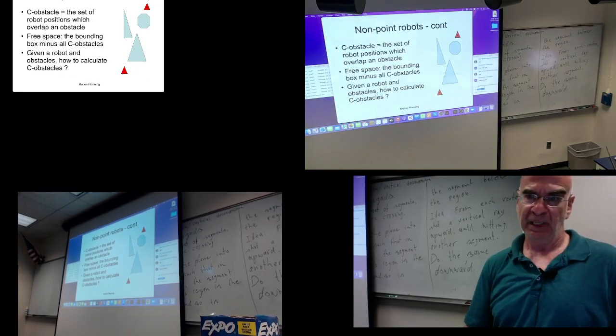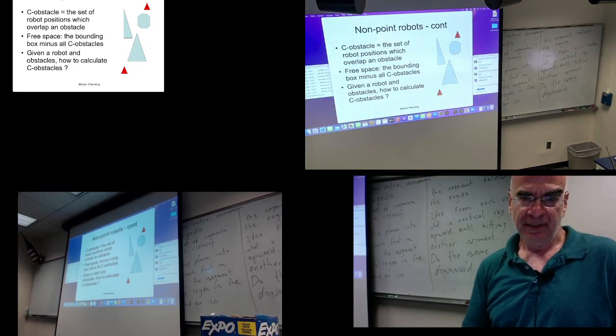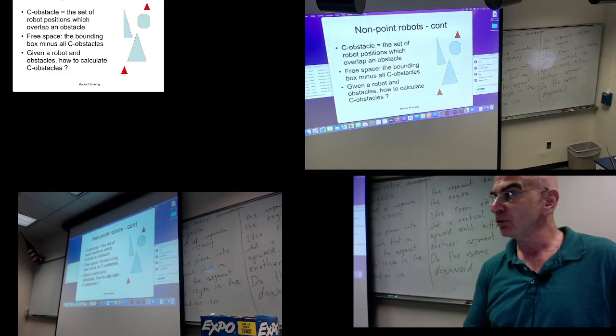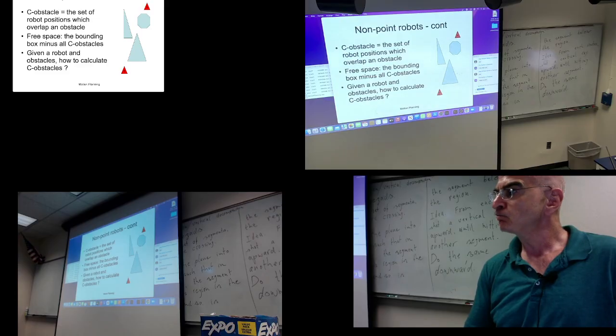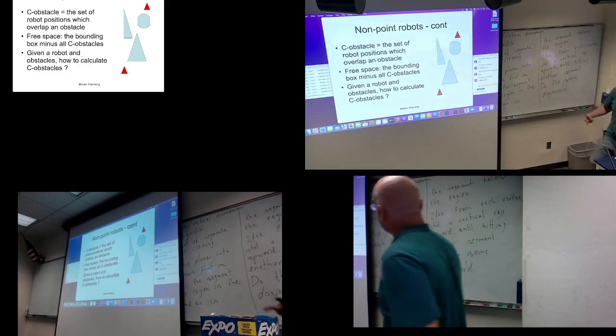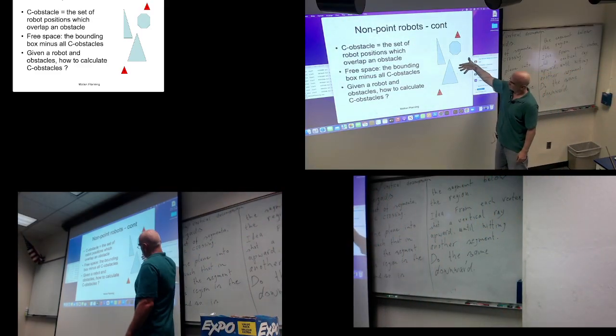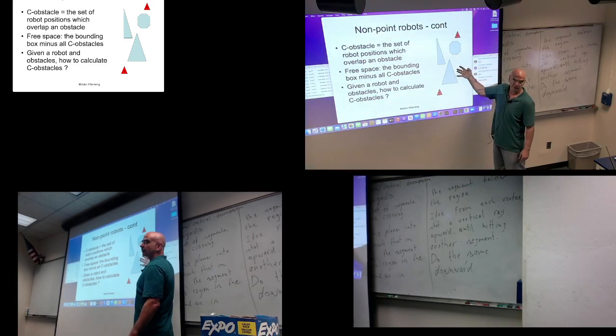Okay, and continue. The C-obstacle will be the set of robot positions which overlap an obstacle, all the forbidden region. How do I tell you where the robot cannot be?